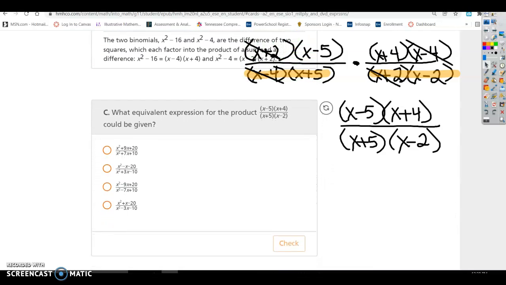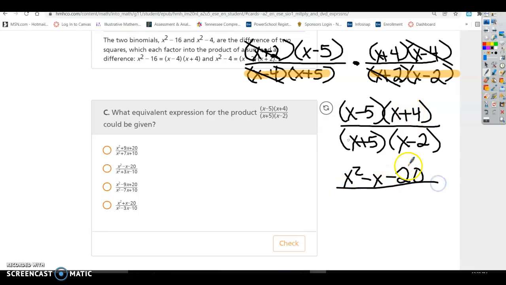All right, it says what equivalent expression for the product could be given. So at this point, we've simplified everything we can do. So now the product means we just multiply it back together. So that's very simple as well. So we just say x times x is x squared, and we have plus 4x minus 5x, which is negative x, and then negative 5 times 4, which is negative 20.